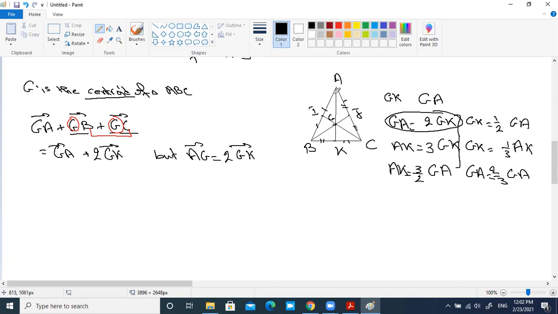For the direction and sense, they have the same direction since they are collinear, and the same sense from A to G and from G to K. So here you can replace 2GK by AG. So it is equal to GA plus AG.